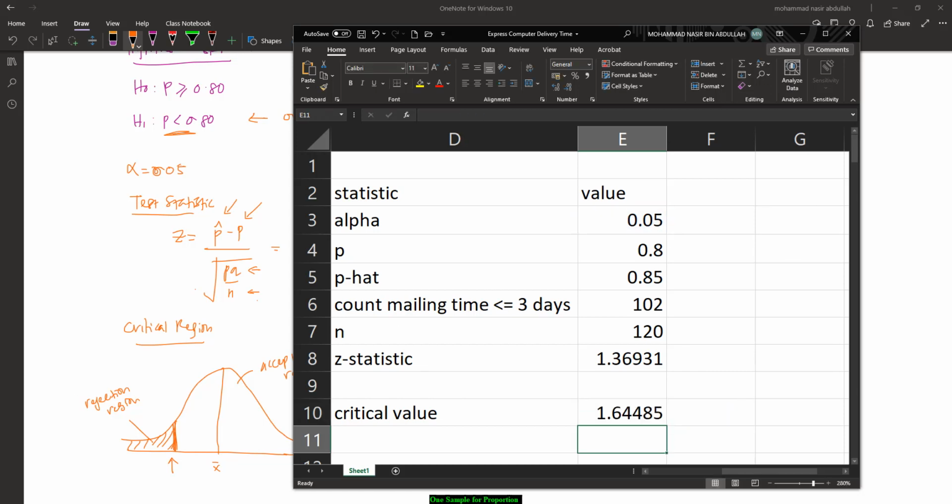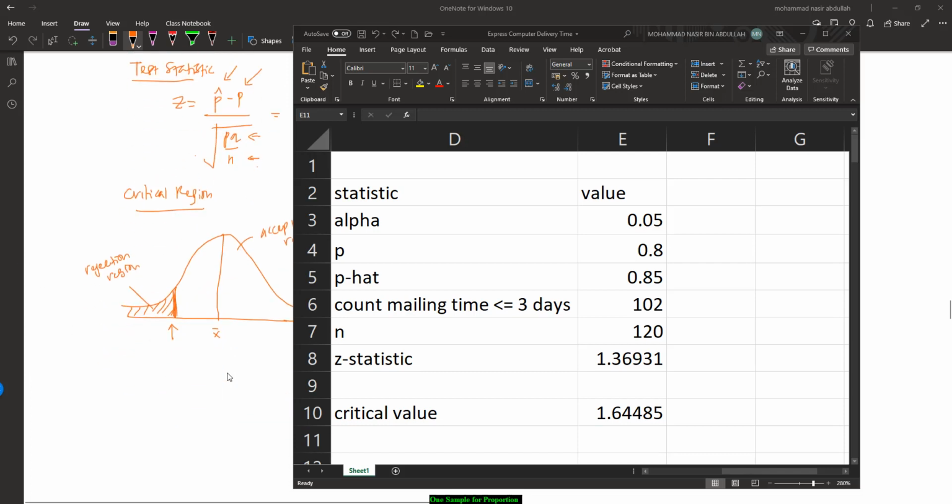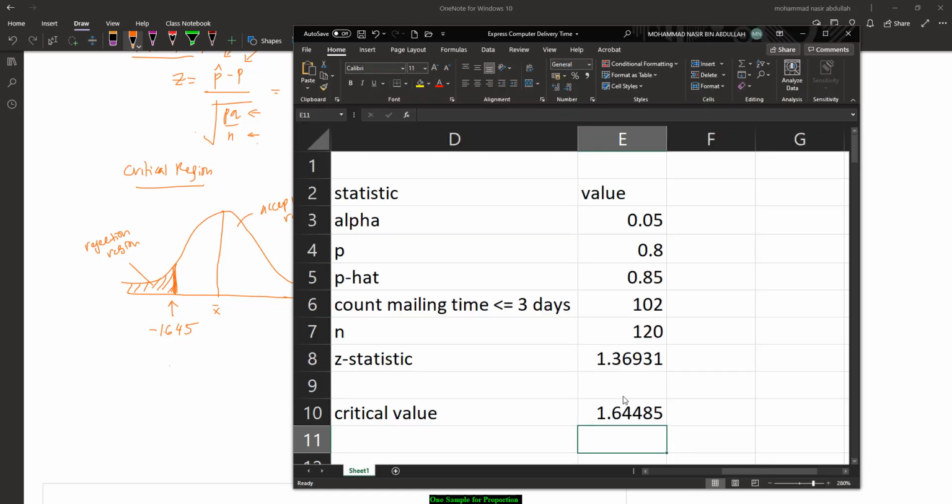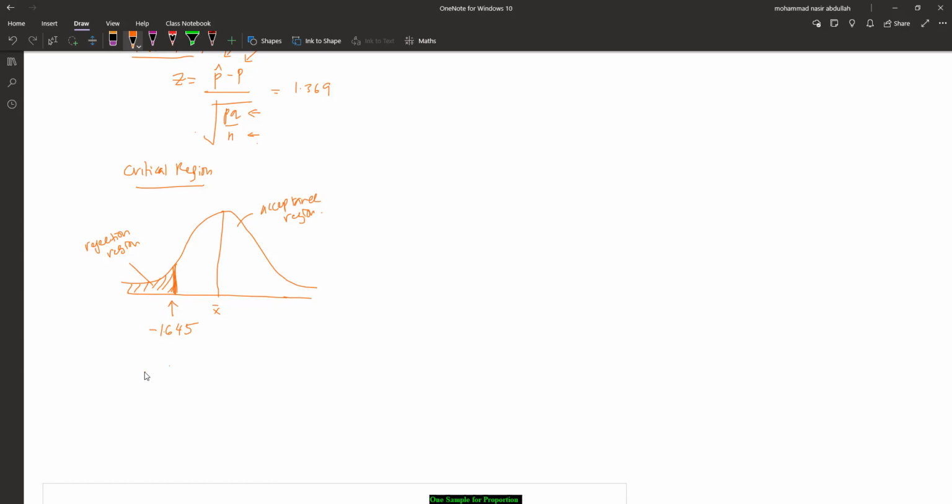So this is going to be 1.644. Since the value is on the left, this is going to be negative 1.6445, rounded to 3 decimal points, so 1.645.